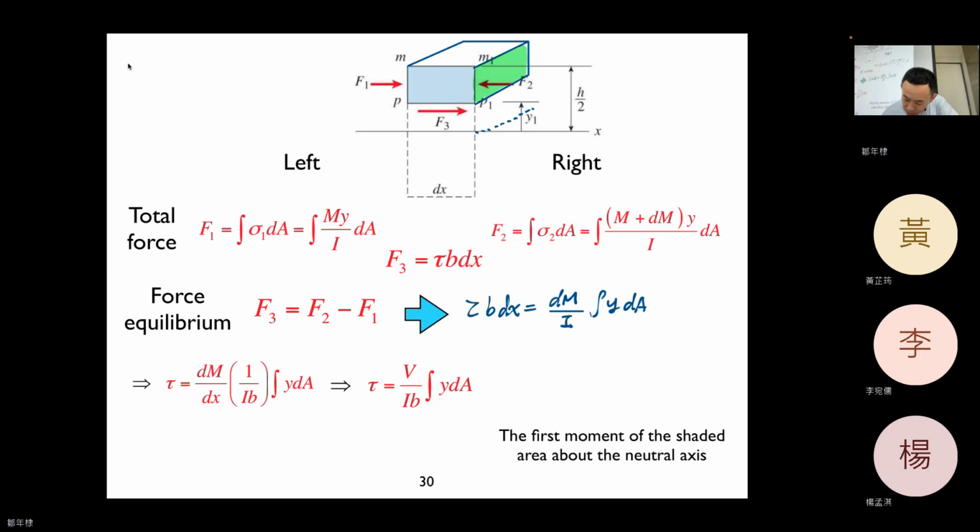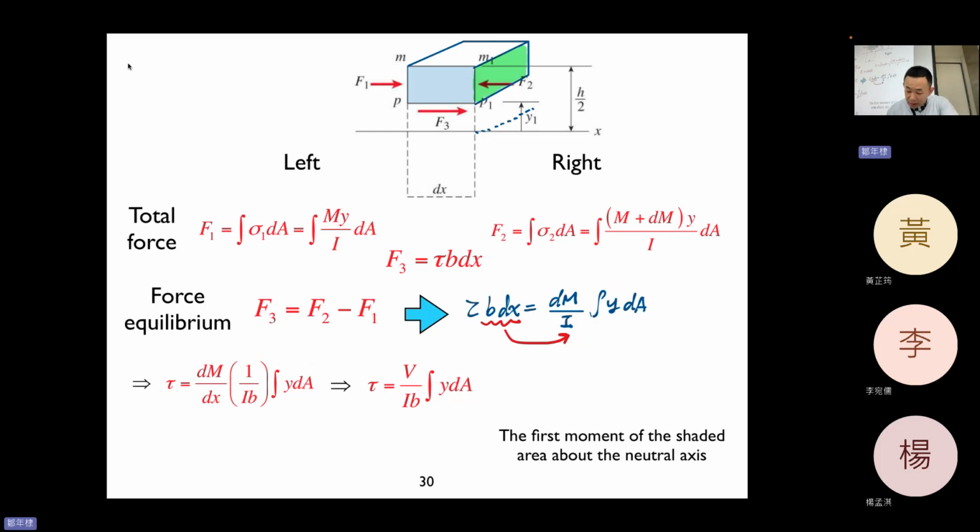Now we are going to put this to the right, and it becomes tau equal to dM/dx, and 1 divided by Ib, with the y dA integration.